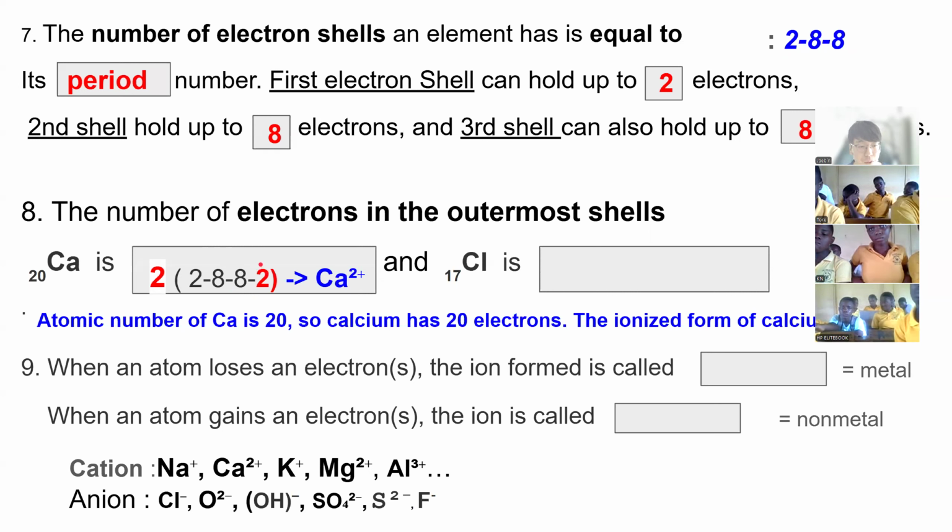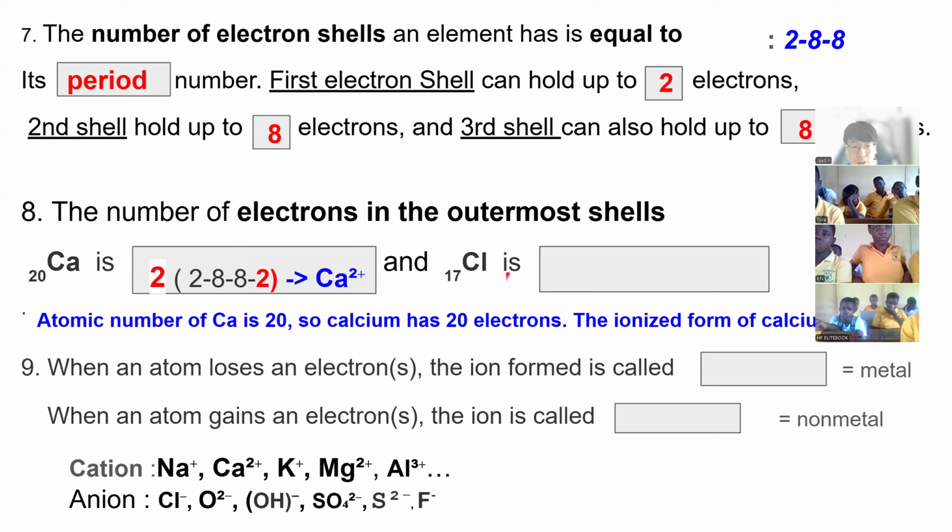And after that, we have used 18 electrons. We still have 2 more. We put the 2 at the end, and that does not completely fill up the fourth electron shell. So we can see that calcium has 2 electrons in the outermost shell. The outermost shell is also called the valence shell.